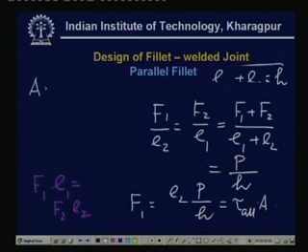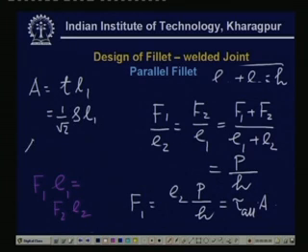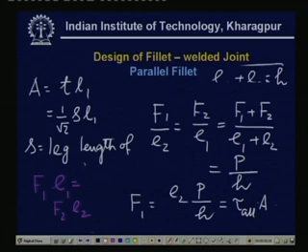This area will be equal to T times L1, and if the leg length is S, then T will be equal to 1 upon root 2 S L1, where S is the length of the fillet. So, from this relationship we calculate the value of L1 and similarly the value of L2. So, this is how the design is to be made.